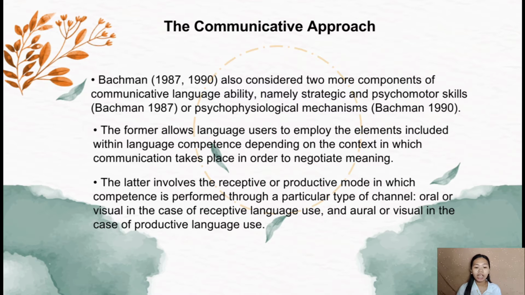The other one is the receptive or productive mode in which competence is performed through a particular type of channel, oral or visual in the case of receptive language use, and oral or visual in the case of productive language use.